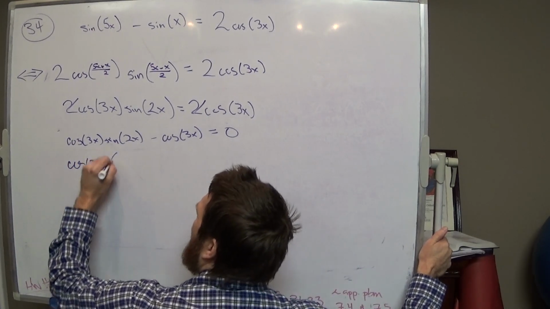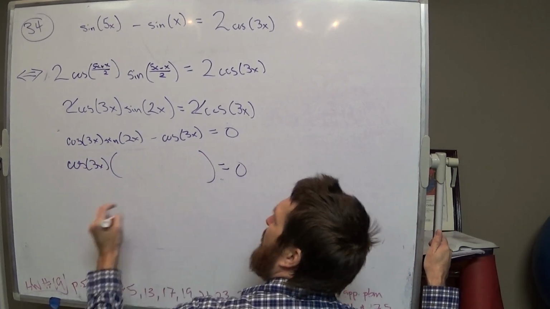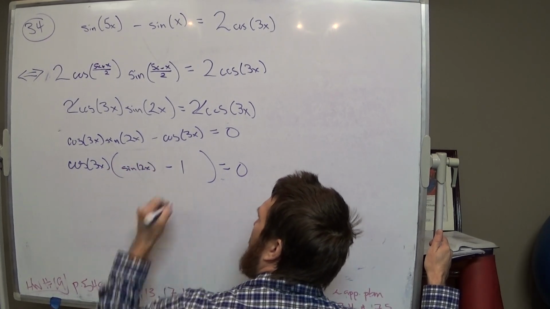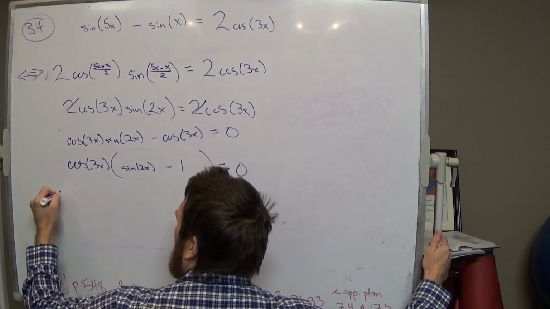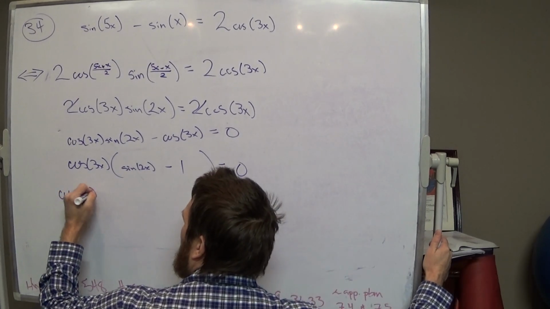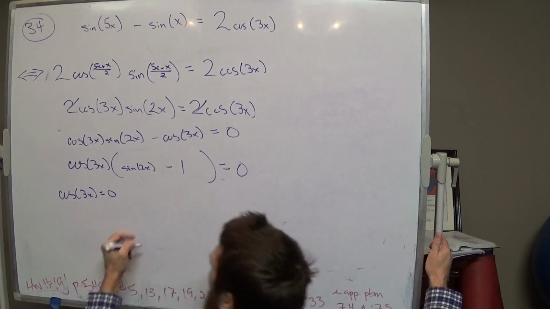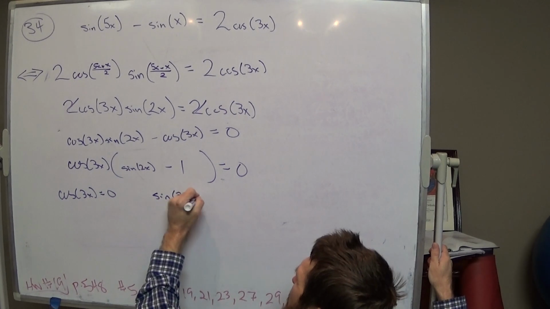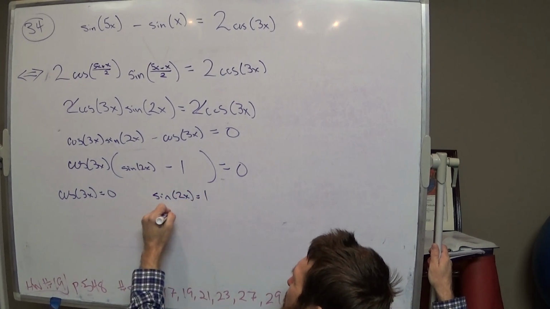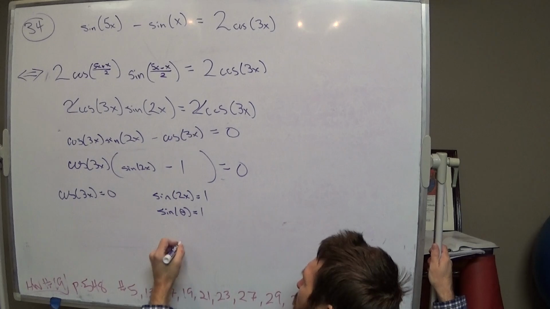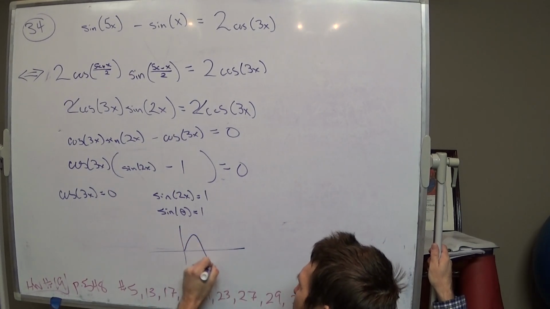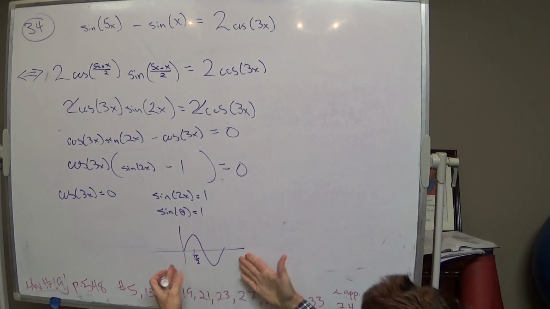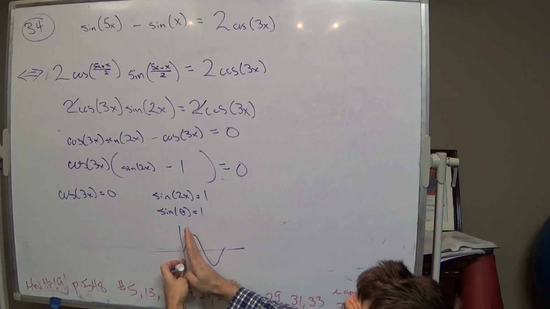Cosine 3x times, and now what's left is sine 2x minus 1, equals 0. And now we have 2 equations. On one hand, we have cosine 3x is equal to 0. And we have sine 2x is equal to 1. And so if this were sine theta equals 1, I would say that that happens at pi over 2 plus, and I can see this is my whole period, so it's going to be plus 2 pi.